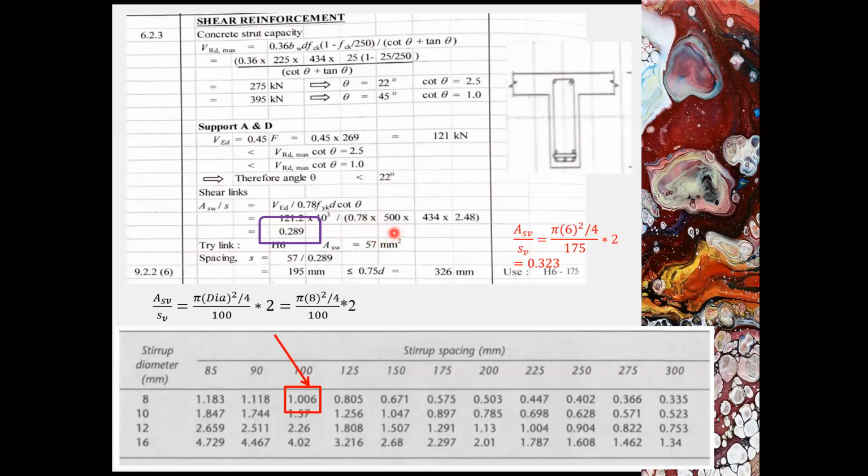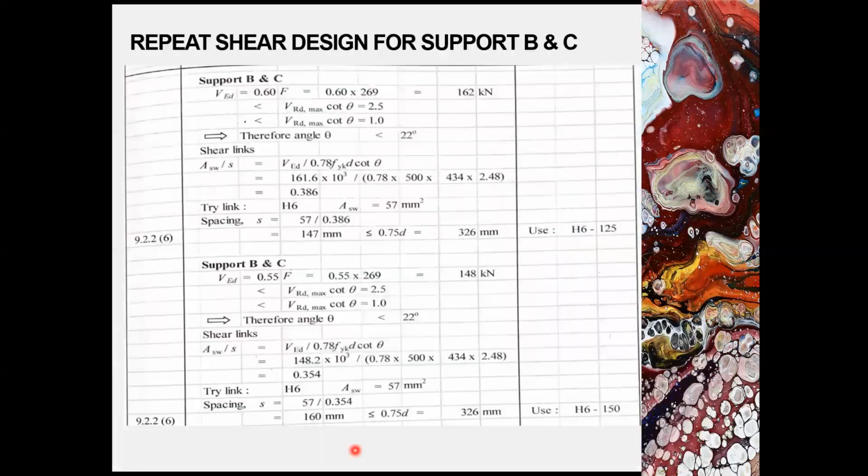Let's say 175 spacing. So we will get 0.323 for Asv over sv. And the value is greater than the required. So this is satisfactory. The shear design in support A is applicable to support B and C.